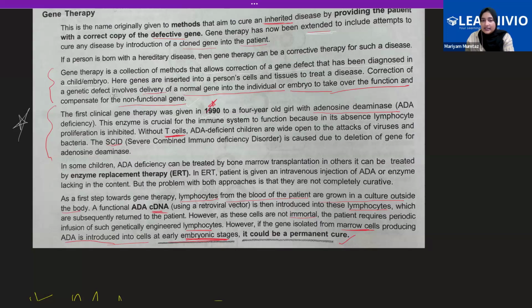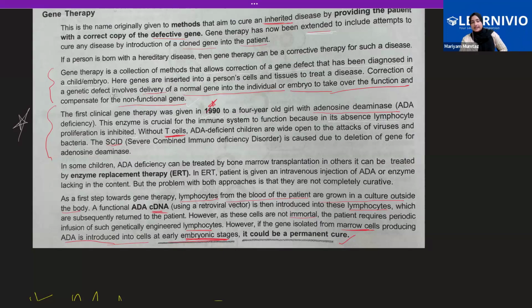This enzyme is crucial for the immune system to function because in its absence, lymphocyte proliferation is inhibited. You know lymphocytes are those cells that provide immunity, right? So when a person has ADA deficiency, lymphocytes do not proliferate, meaning they do not divide and become several in number.